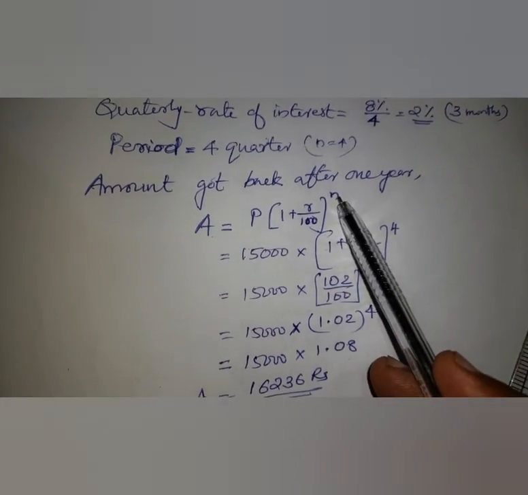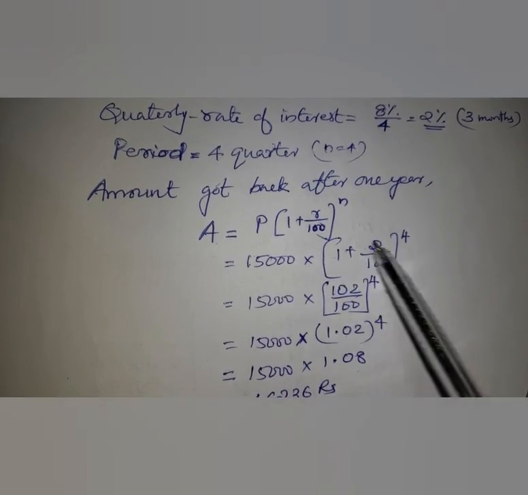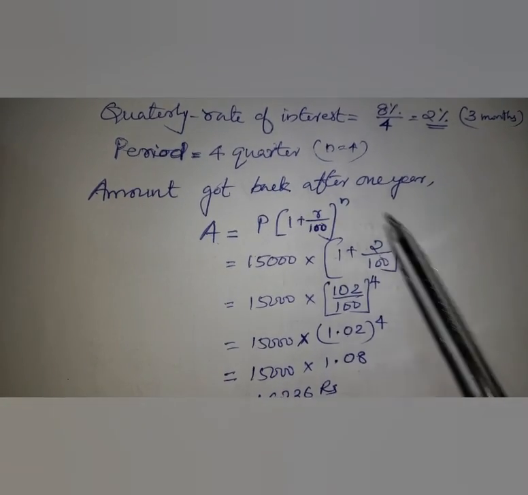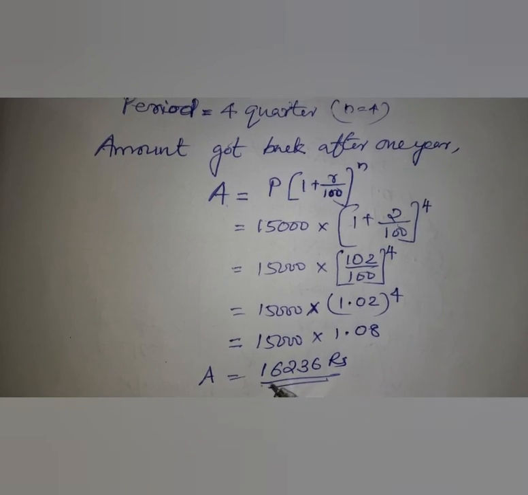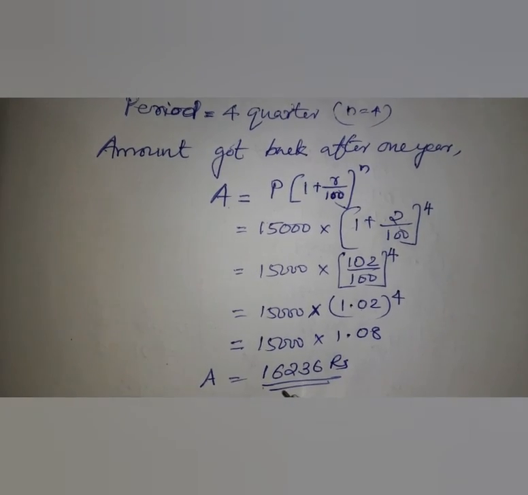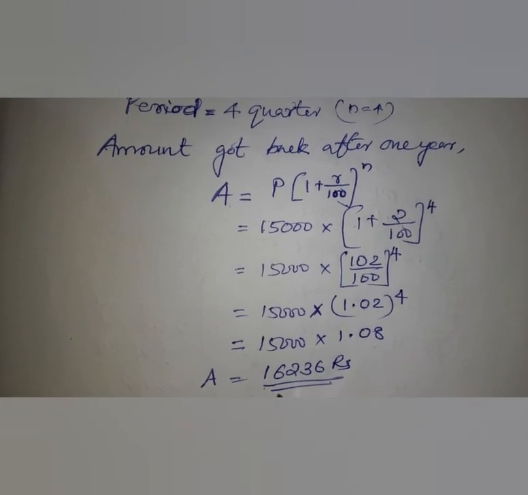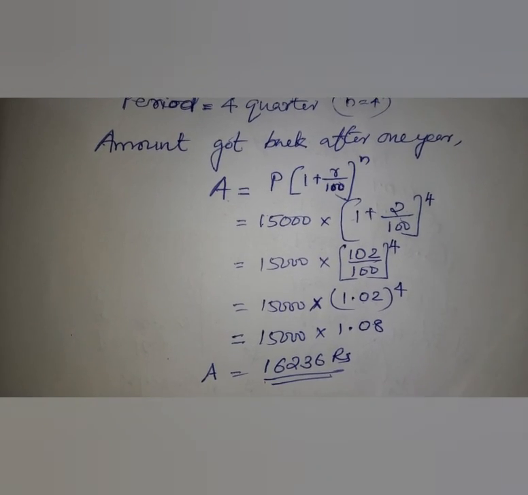Substitute the equation: 15,000 is the principal amount, R is 2%, N is 4. Then you are getting the final answer of 16,236 rupees.